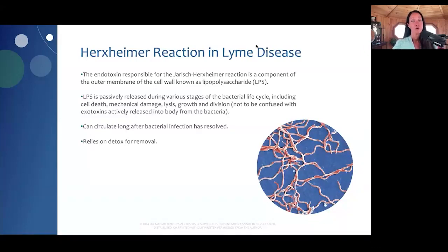And it's important to note that these LPS can circulate long after the active infection has been resolved. So it's kind of like, at what point has the active infection potentially been eliminated or forced into remission, but we still have this ongoing inflammatory cytokine cascade and immune dysregulation resulting from these high levels of ongoing circulating LPS.